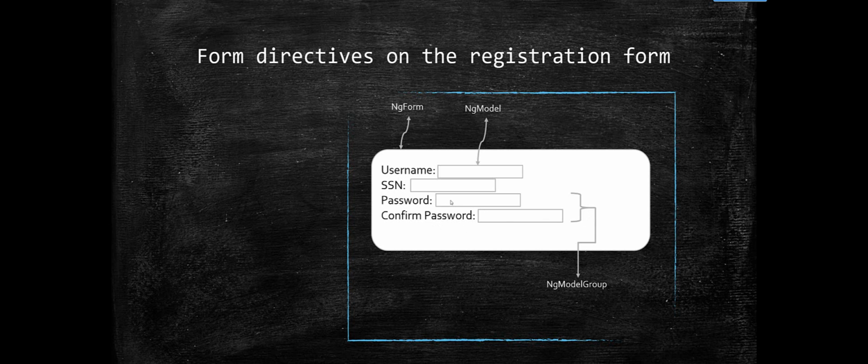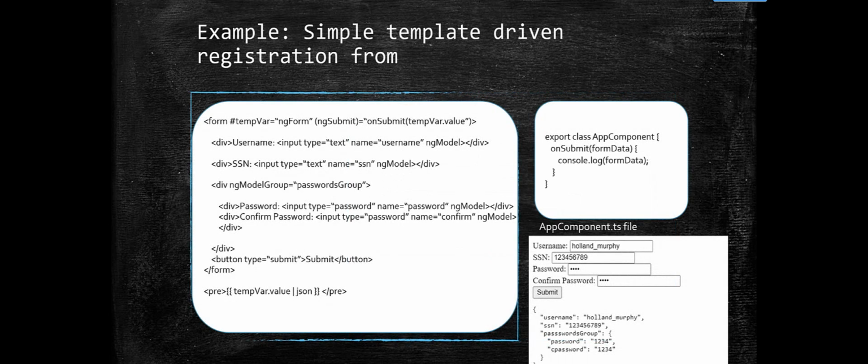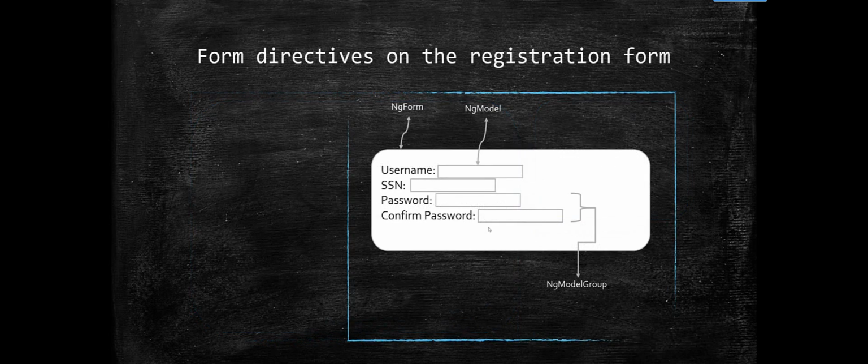And then again, we have the ngModelGroup associated with the password and the confirm password. So we just need to make sure, in lowercase letters when using template-driven forms, that we put the lowercase ngModel, and that binds this input element to the form, and we can get access to it in our component. So in our onSubmit form data, we're just console logging the form data. We're not getting into any validation or anything like that, just real quick and easy stuff.